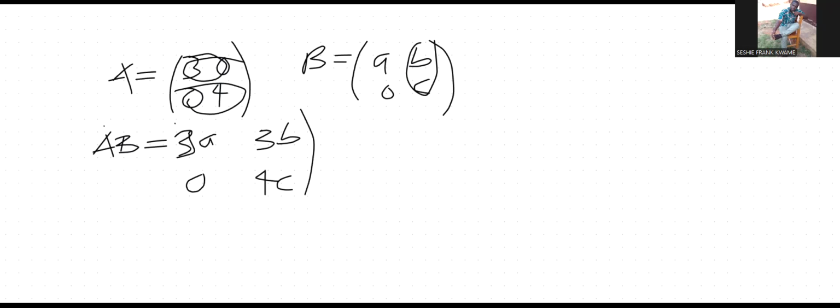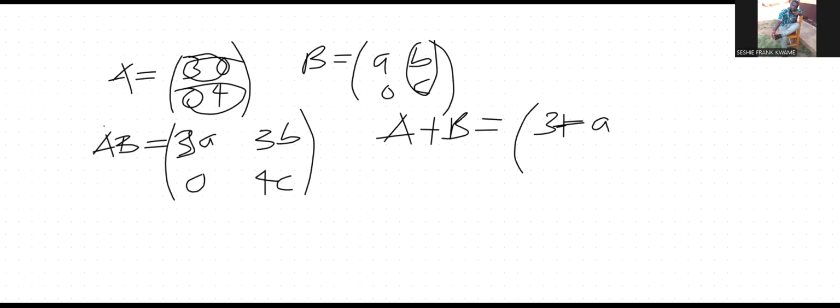If you want A plus B, so 3 plus A, then we have 0 plus B, then we have 0 plus 0 is 0, 4 plus C. So if these two are equal, it means that the top left are equal.